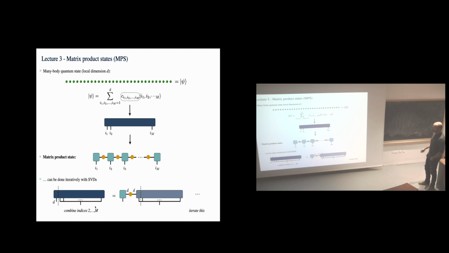Then you have all these m-1 indices left, and you can combine them into one index. And then this is just going to be a d times 2 to the m-1 matrix. And of that matrix, I can do a singular value decomposition. So I get my left unitary matrix U, I get my singular value diagonal matrix here, and I get the other monster matrix here.